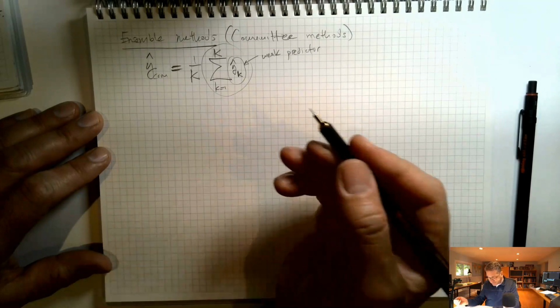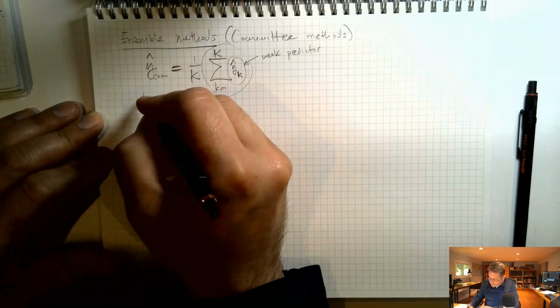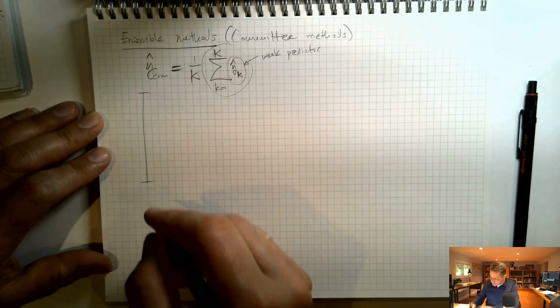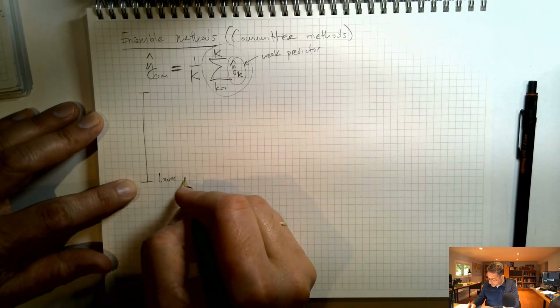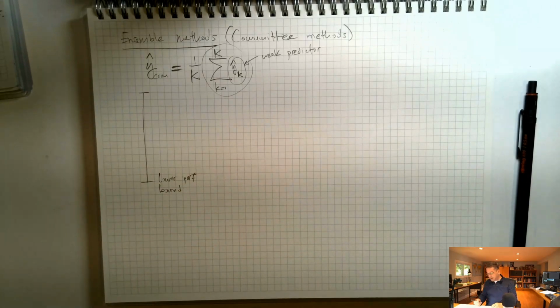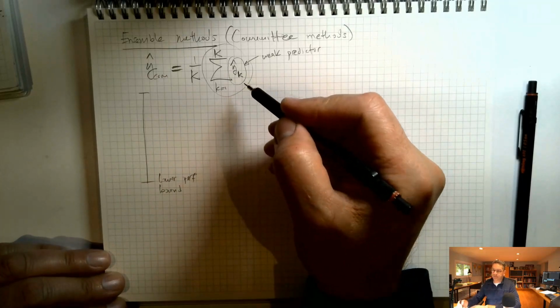So in ensemble methods in general, we can consider performance to lie somewhere in between 2 bounds. The lower performance bound is obtained evidently when you have very correlated predictions.